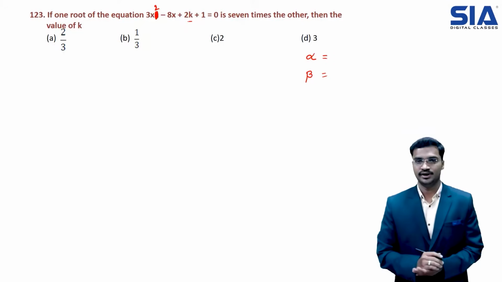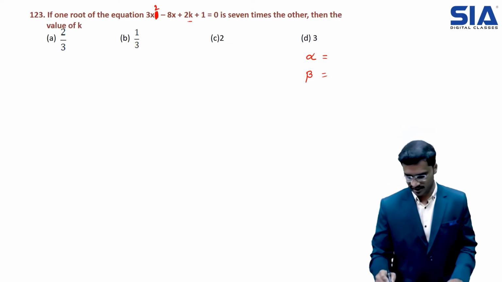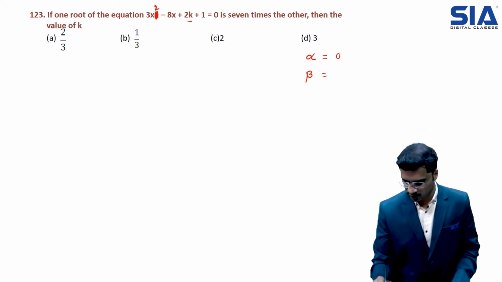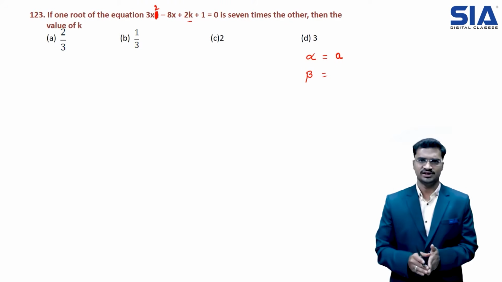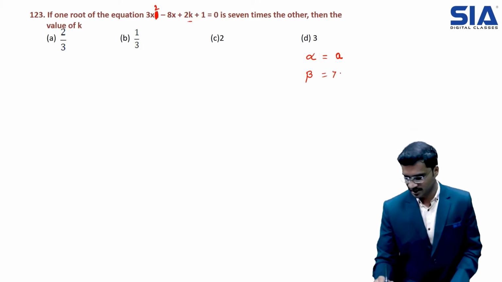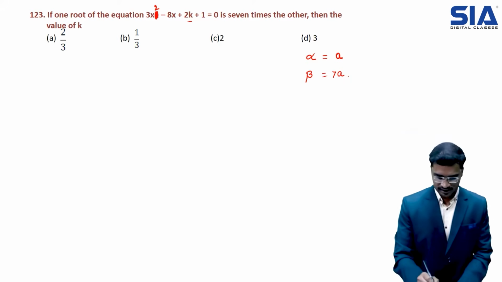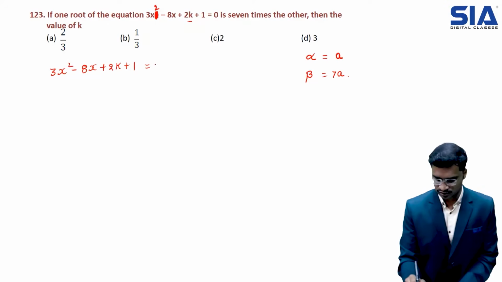Let us assume the first root alpha is small a. In this question, he is saying that one of the roots is 7 times the other, then beta is 7a. Now let us write the equation, 3x square minus 8x plus 2k plus 1 equals 0.